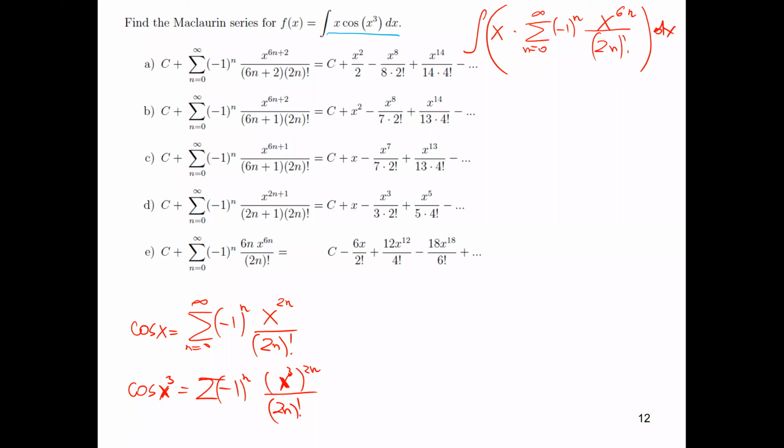But we can see we have a product, and as I said, that x in front of the sigma, we will put behind sigma. That means we will put -1 to the n, 2n factorial, and then x to the power of 6n plus 1. That's the one. Okay, I think we are ready to integrate.